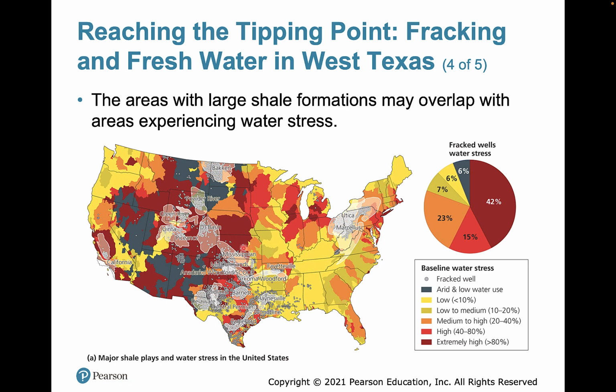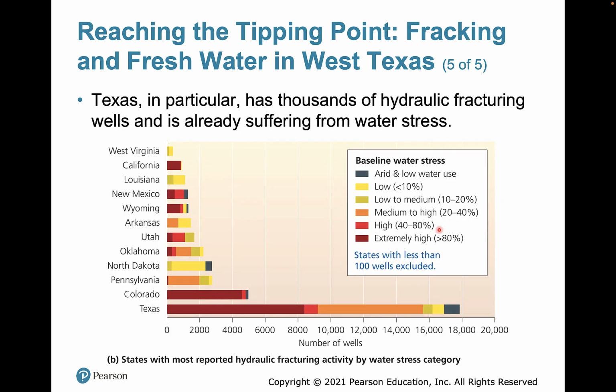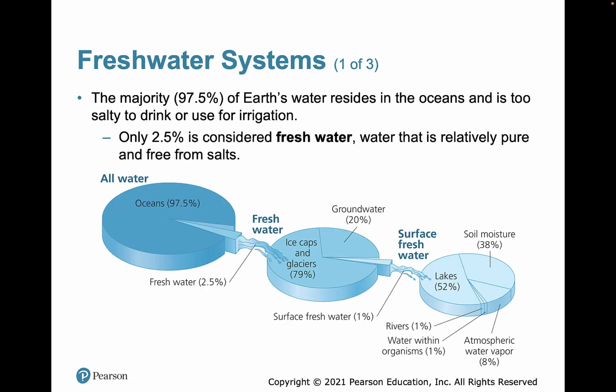So it's arid or low water use or extremely high water use. Texas has a lot of water stress in general. Adding fracking onto it is creating more stress on an already overstressed resource.